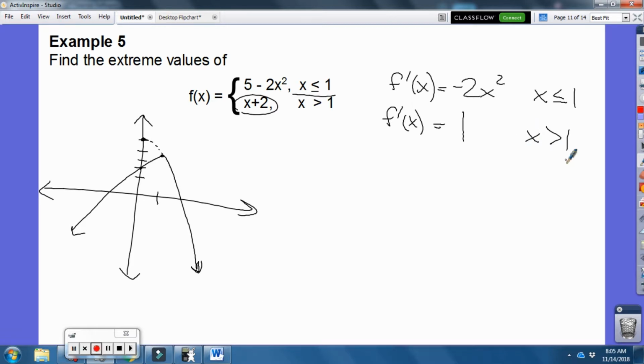The only critical value would be if f prime is less than or equal to 1, because on greater than 1, there is no x to solve for. You would just have 0 equals 1, so there's no critical value. The only critical value for x greater than 1 would be x equals 0, but since x equals 0 is not in this half of the graph, it's not a critical value.